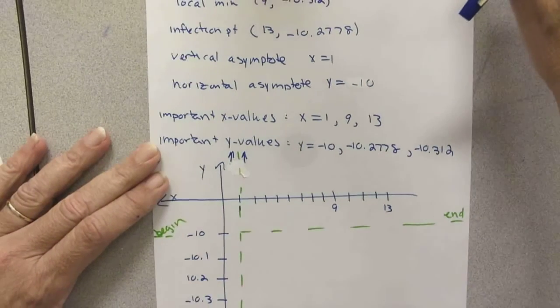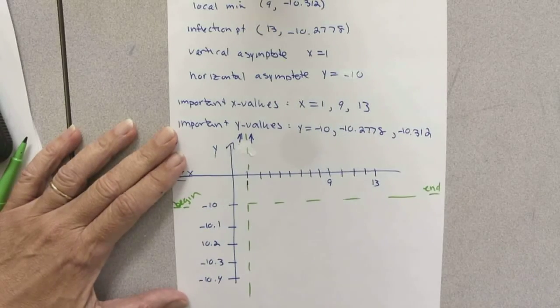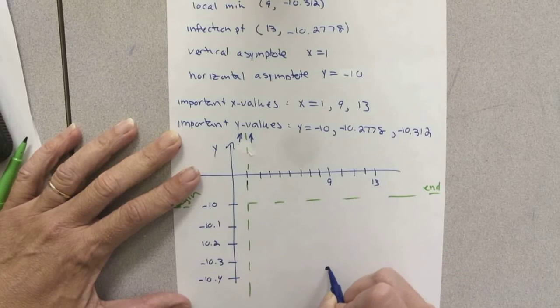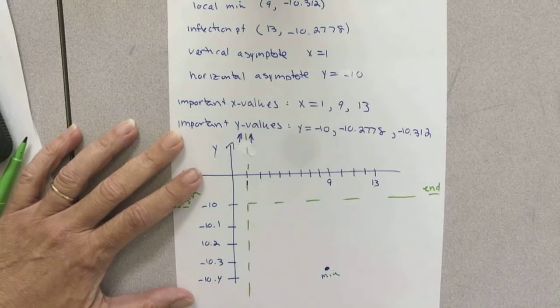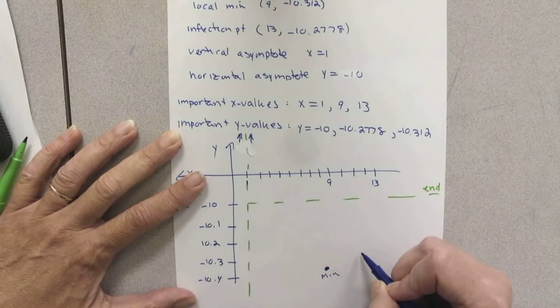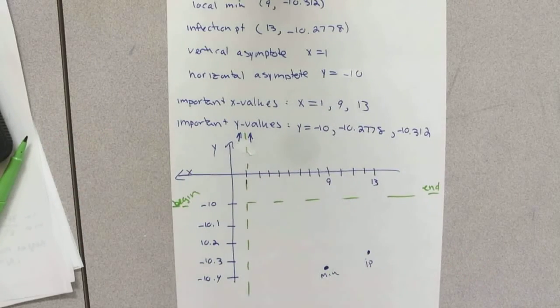So let's go out a little bit. There we go. 9, -10.32, maybe right about there. That's a minimum. And an inflection point at (13, -10.2778). So maybe right about there.